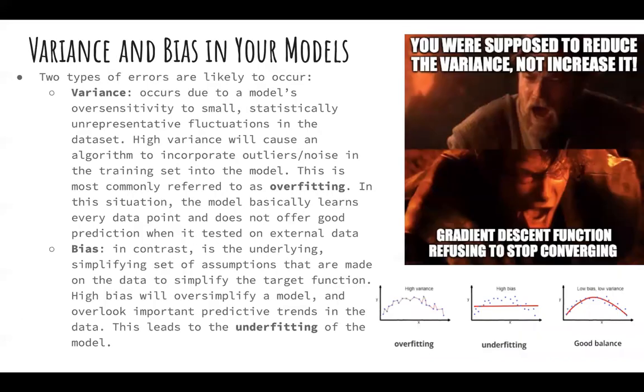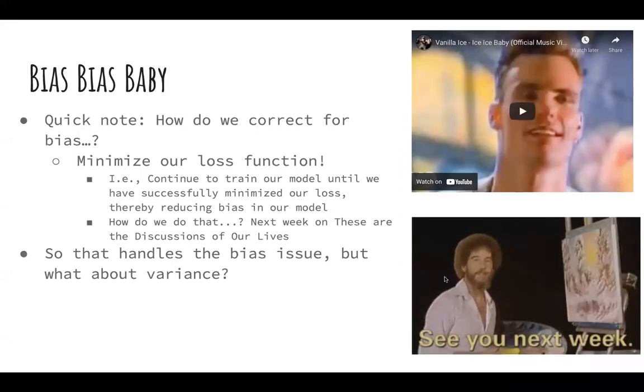Right now, our loss function is going to be huge because we are getting massive error. We want to continue training until our loss function is essentially minimized. We will discuss in more detail next week how that actually works and what the trade-offs are, but just so you're aware, generally that's how we deal with bias: we allow our model to train to minimize the loss function.